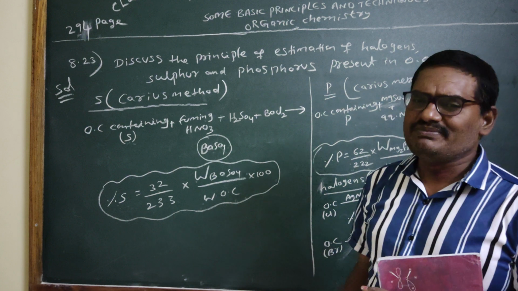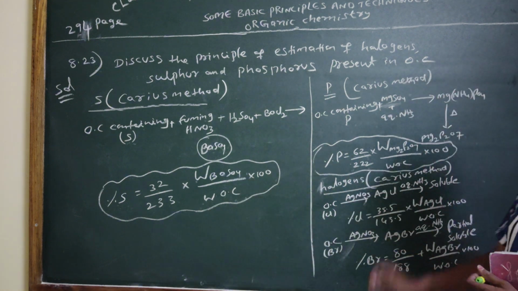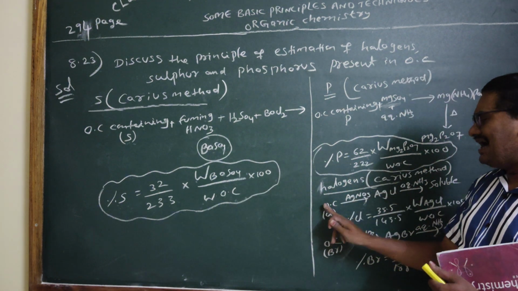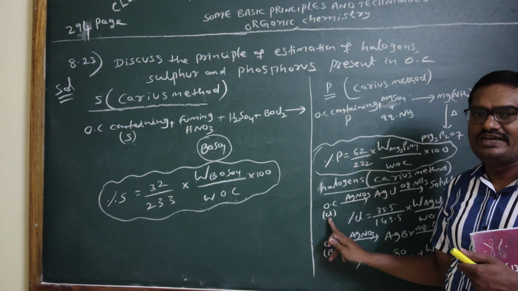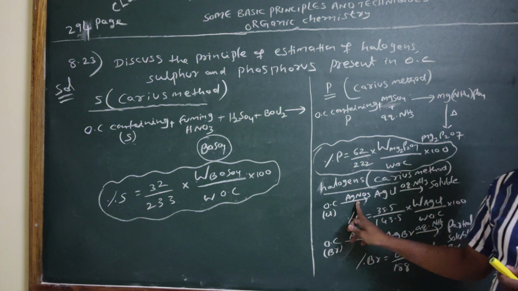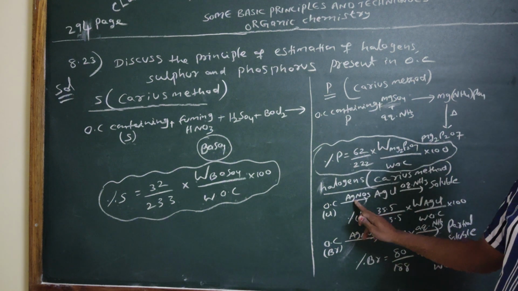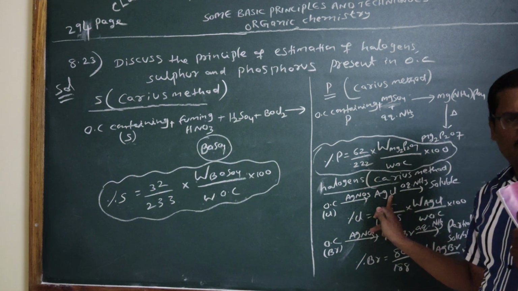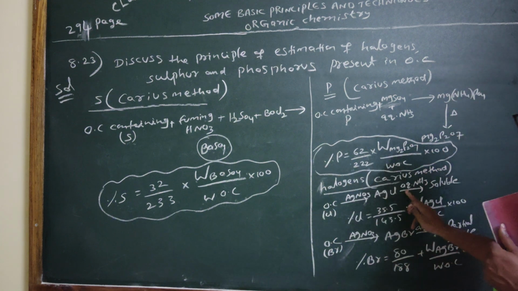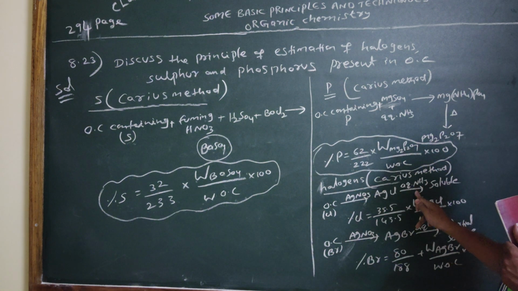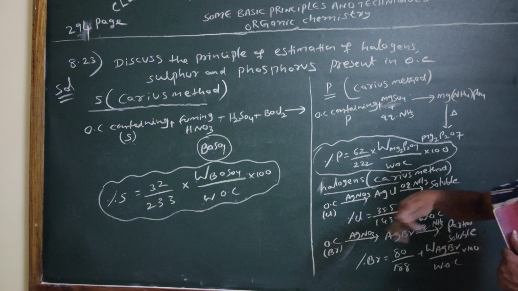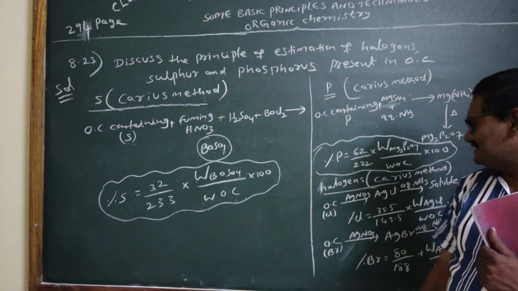Halogens are also estimated by using Carius method. For example, for an organic compound containing chlorine, first AgNO3 is added. So silver nitrate is added, then it is converted into silver chloride. Then by adding aqueous ammonia, the silver chloride is completely soluble, 100% soluble.